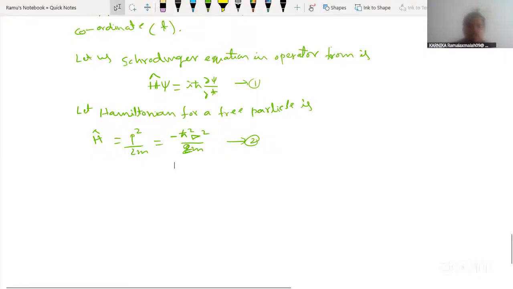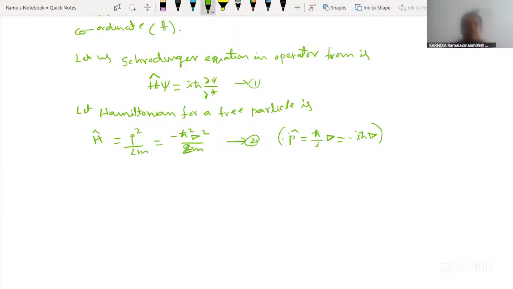So here this is p, therefore p cap is equal to h cut by i delta, is equal to minus i h cut delta. You simplify this equation. Here the p square value, you know the Hamiltonian formula H cap is equal to p square by 2m.